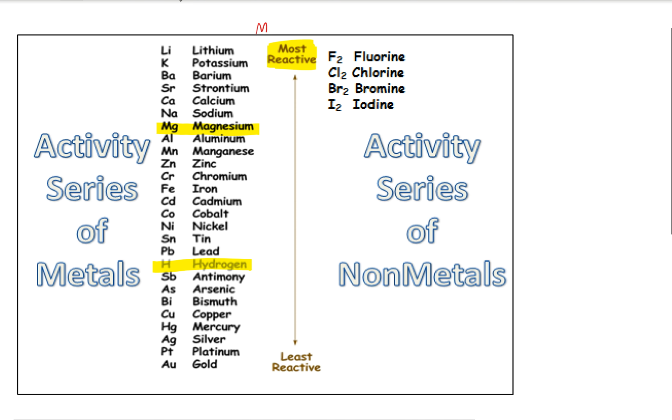So your more reactive elements are more likely to be in aqueous solutions. And those least reactive elements are more likely to be in their elemental form. Okay, not bonded.